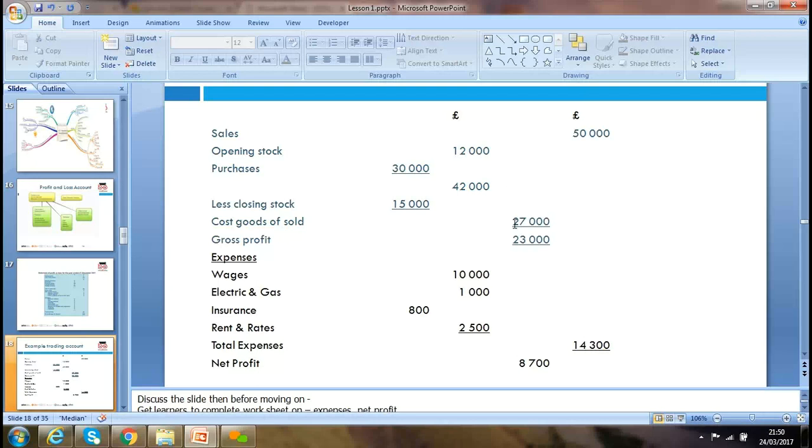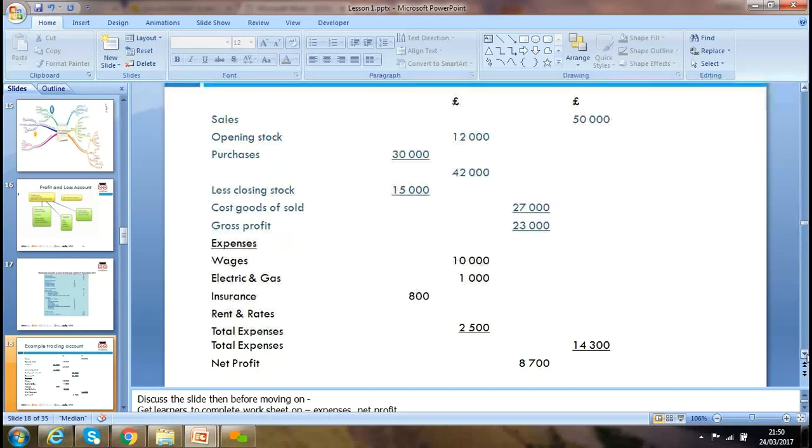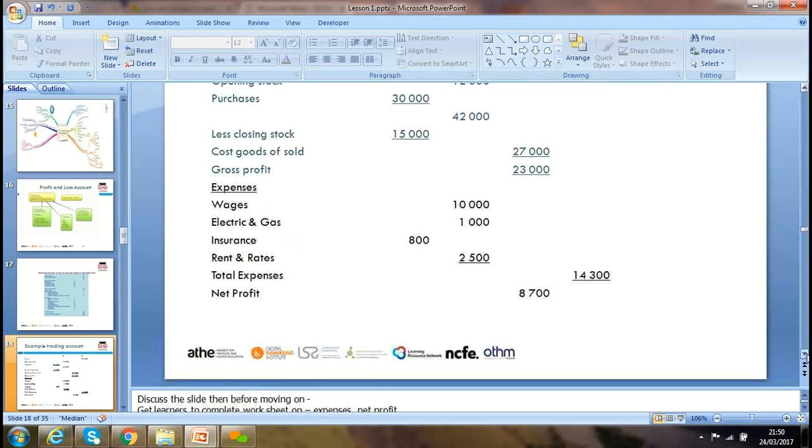So 50,000 minus 27,000, gross profit is 23,000. Then we take out all overhead expenses, and our net profit is 8,700. This is also called the income statement or profit and loss.